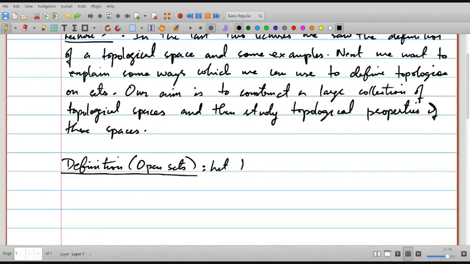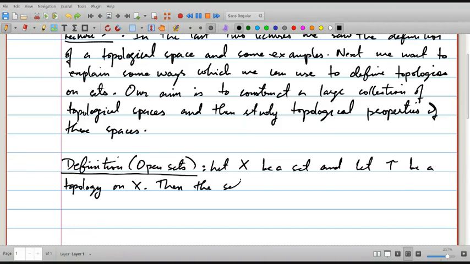Let X be a set and let tau be a topology on X. Then the sets U, which are members of tau, are said to be open for the topology tau.